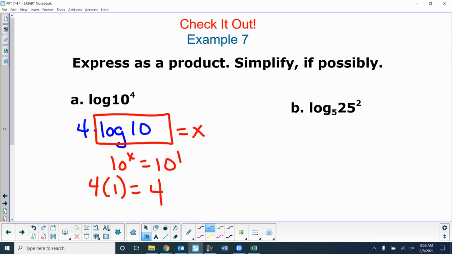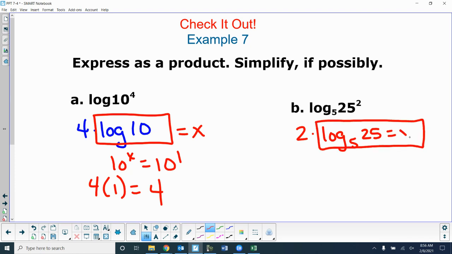Okay? Here is 2 times log base 5 of 25. Right? So this part, we write equals x, right? All right? So 5 to what power is 25? Right? 5 squared, right?